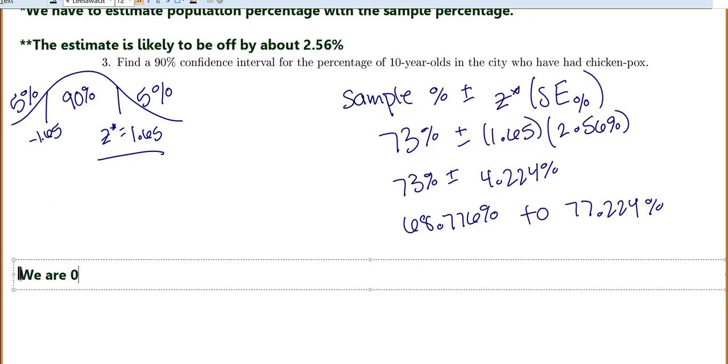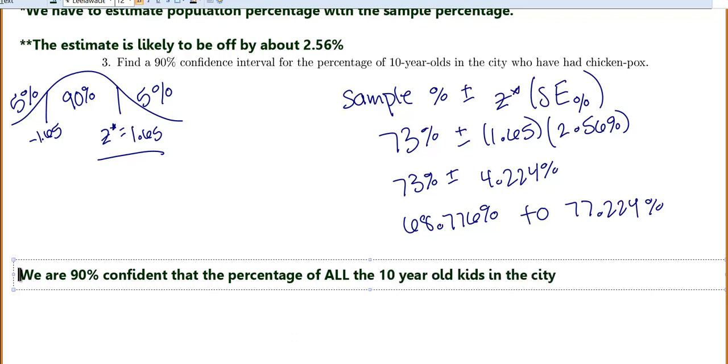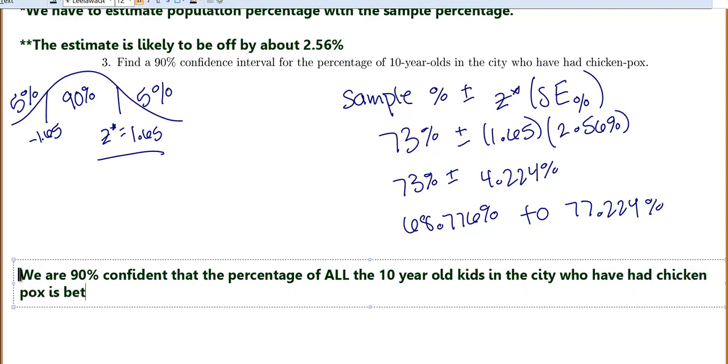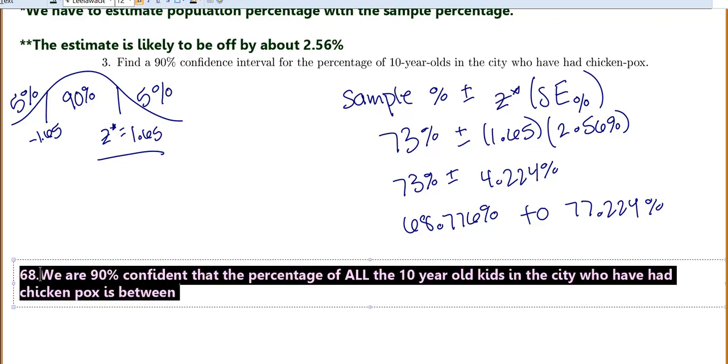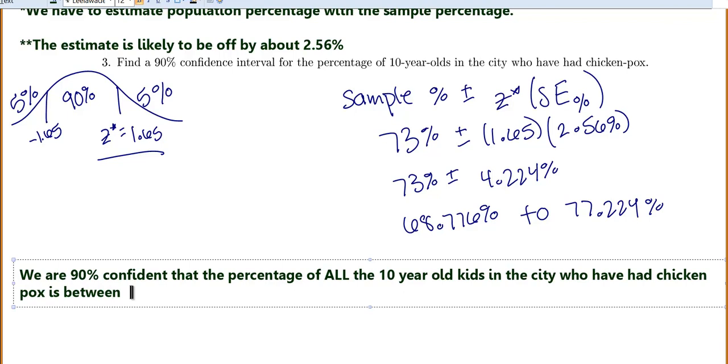So, we are 90% confident that the percentage of all the 10-year-old kids in the city who have had chickenpox is between 68.776% to 77.224%.